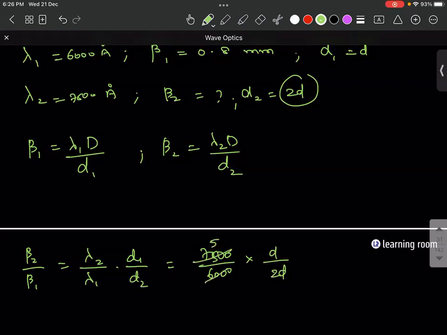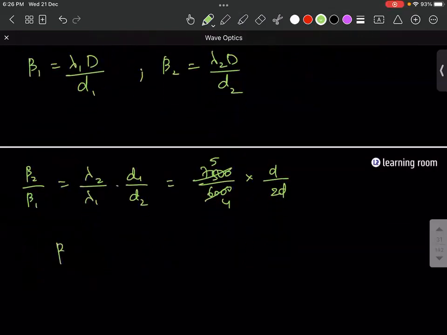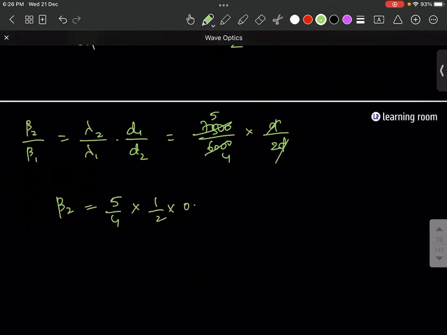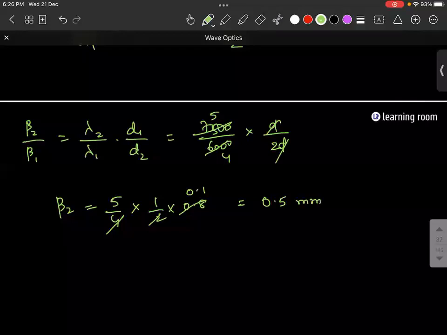So this goes 5 times, this goes 4 times. So beta 2 is equal to 5 by 4 into half into beta 1. Beta 1 is 0.8, so it's 0.1. So 5 into 0.1 is going to give you 0.5.